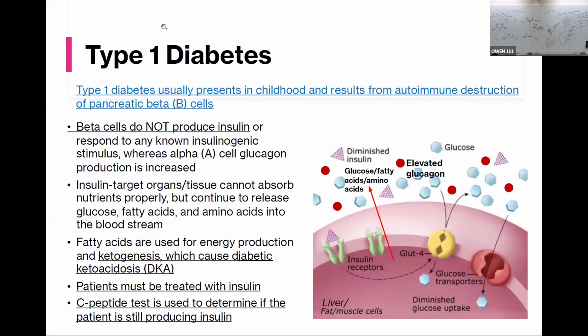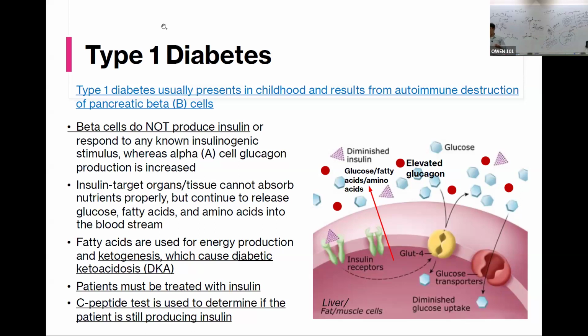All right, that's about the process. Now we are going to discuss diabetes. There are several different types of diabetes; of course, there is not only one. The first one, type 1 diabetes, as I mentioned previously, occurs because of autoimmune destruction of beta cells.